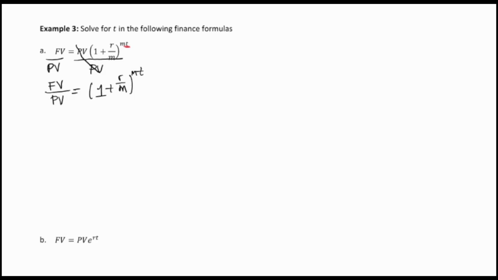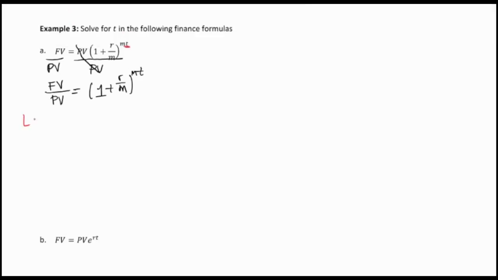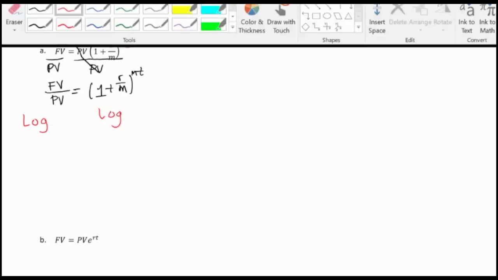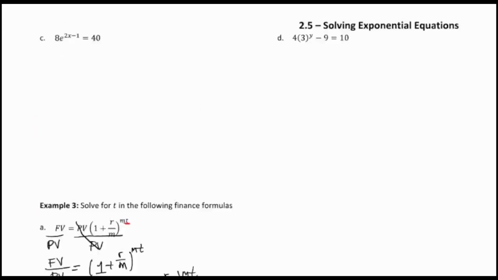Now we're going to take the log on both sides. So we have the log of FV over PV equals the log of 1 plus r over m to the mt. And then from here, we apply the power property of logs.